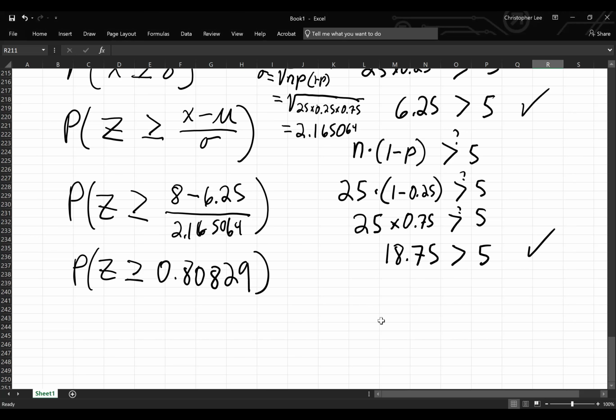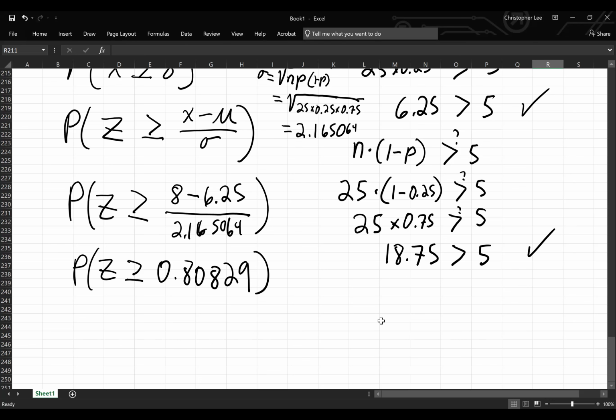How do I find probability for a normal distribution? After you find the Z, what do you do with it? You look it up in the table, and then you get the answer, right?